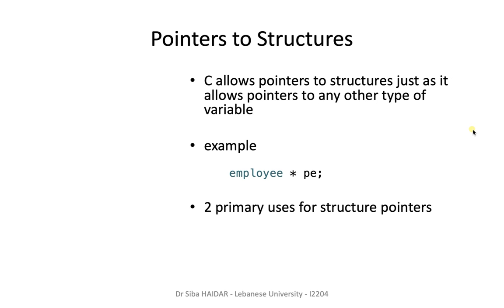There are two primary uses for such a syntax. First, to pass a structure to a function using call by reference. For example, if I want to change the original structure variable, we have to pass a pointer to this structure variable.